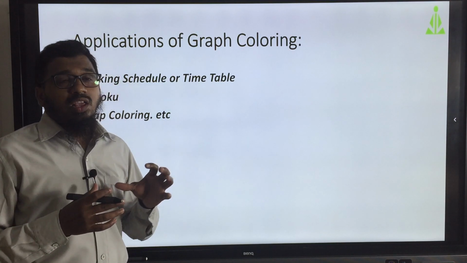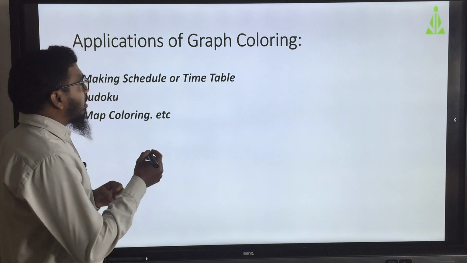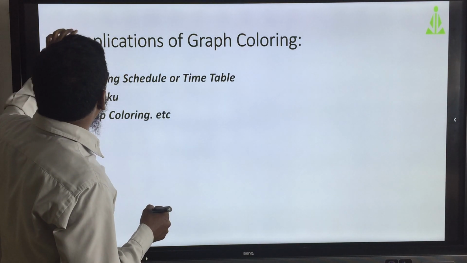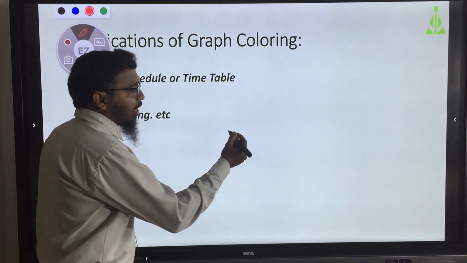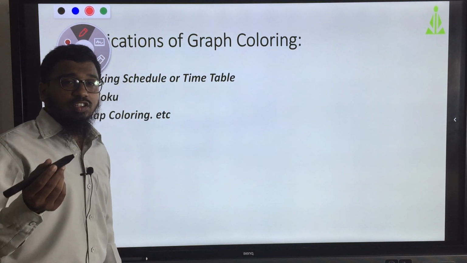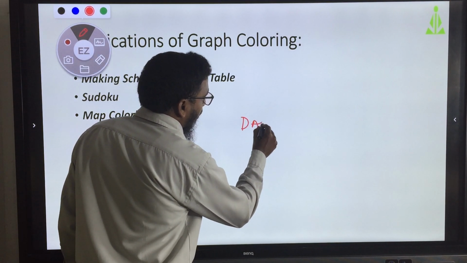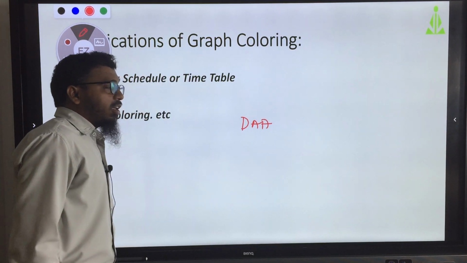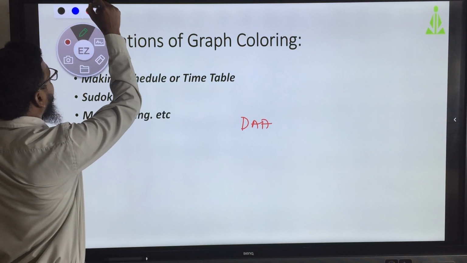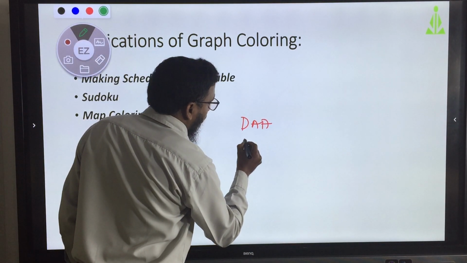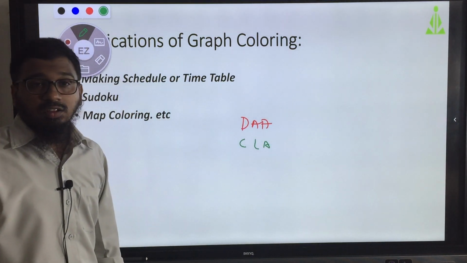If you are giving this design and analysis subject, if I am giving the green color, for example, you have different subjects. Example, if I take DA, DA is in red color. Any other subject that you have, cyber law ethics, CLA.